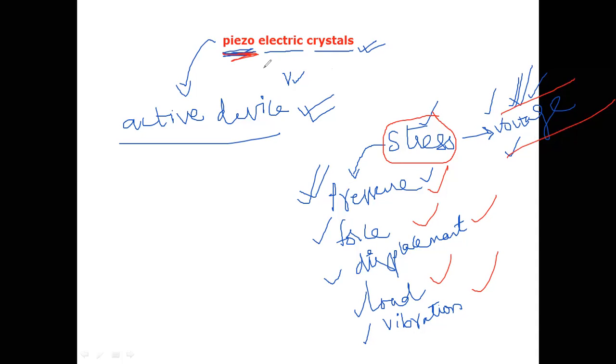That's why this crystal is called a piezoelectric crystal, and this principle is called the piezoelectric principle. So these are the applications of piezoelectric crystals. I can measure pressure, force, displacement, load, vibration, etc., by using these piezoelectric crystals.